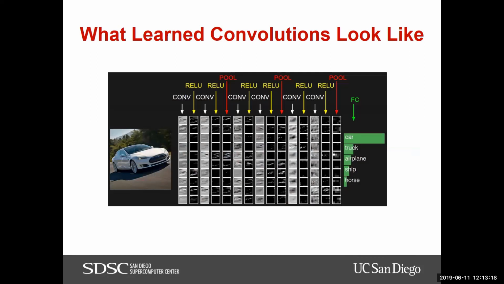When you give it an input, here's another example with the picture of the car. This is not the filter, this is showing you the convolution output at each layer. As you go further up away from the input, you get more and more abstract pictures. It's hard to see exactly what's happening.